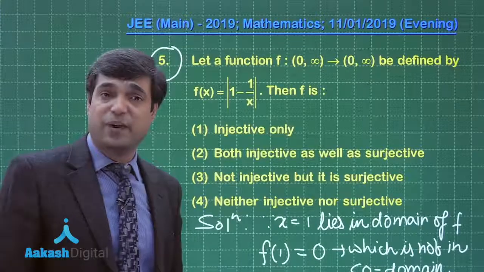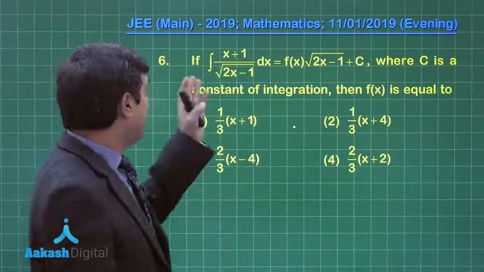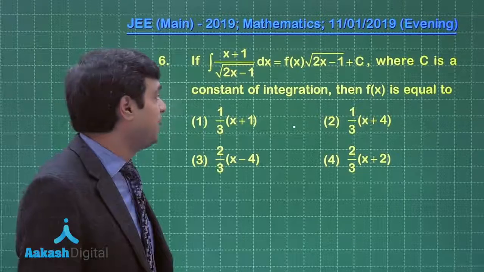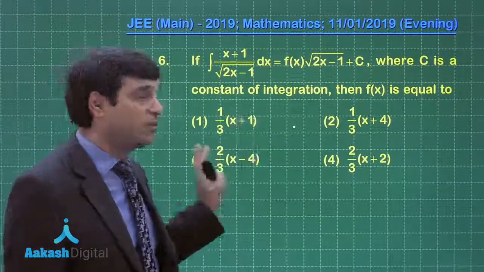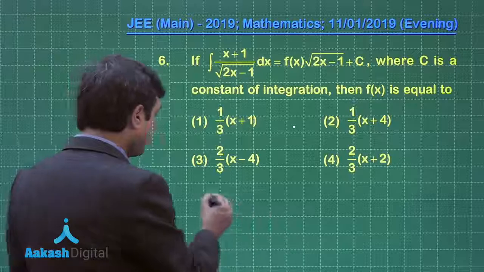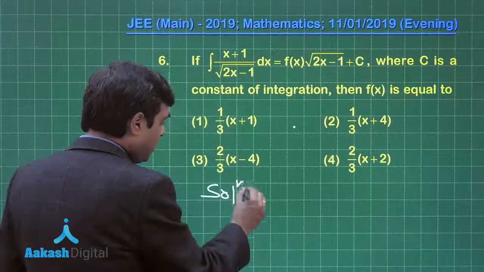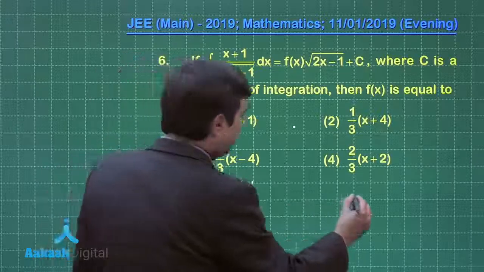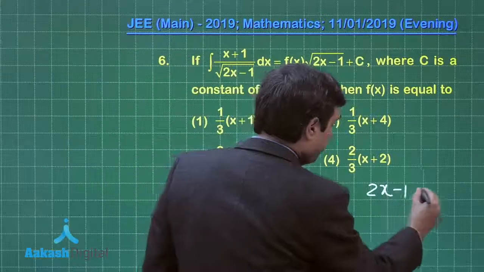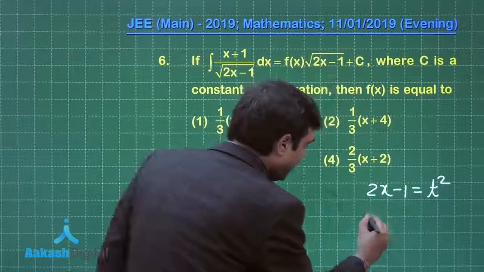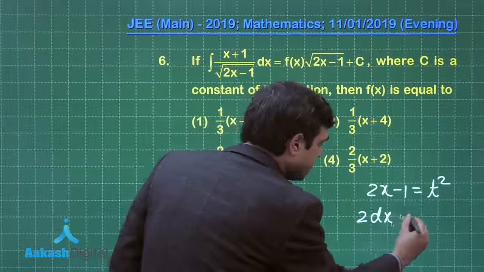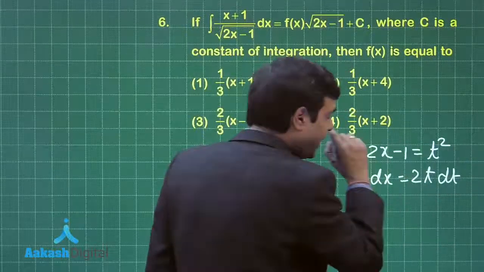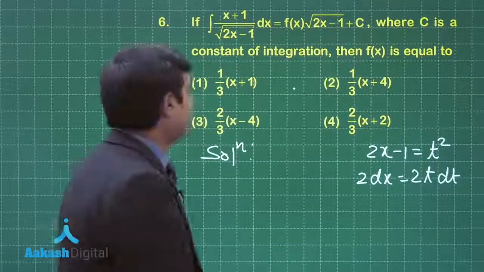Let's move on to the next question, that is question number 6. If integral this is f(x) into root of 2x minus 1 plus c, then you have to talk about the function f(x). Simple question from indefinite integrals. We need to integrate this function, right? So, for integration we put 2x minus 1 as t square, that is 2 dx becomes 2t dt, or simply we can say dx is equal to t dt.